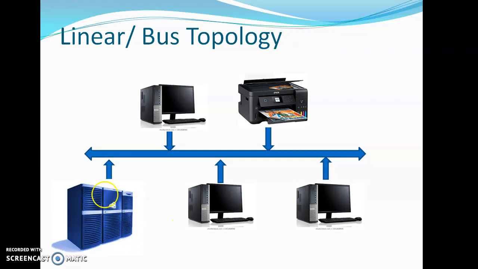For example, if you have software that has to be shared by everyone in the network, you can just install the software here and you don't have to install it separately on all these three computers. Every time they need to use the software, they can always get it from the server. That is what a server is used for here.